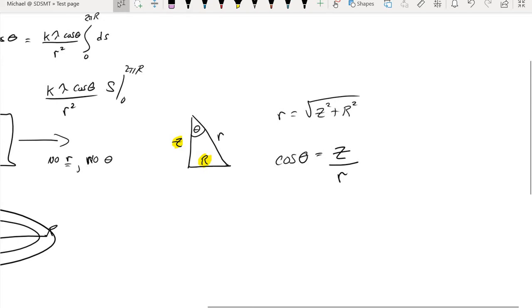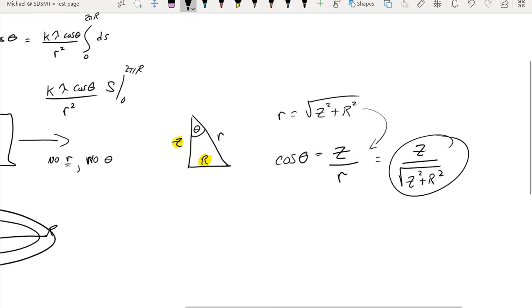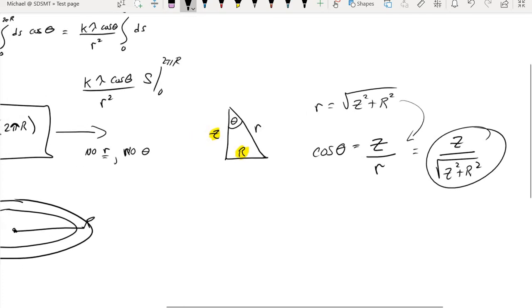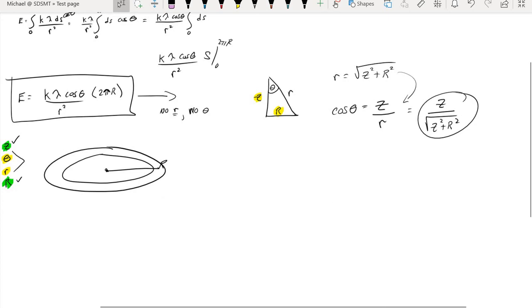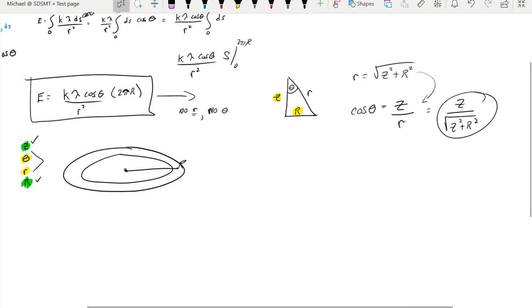And we can't have little r, but we know what little r is, so let's use it. We have z over root z squared plus R squared. So there's cosine theta. With respect to that triangle, that is what cosine theta equals, and we also know what r squared equals.